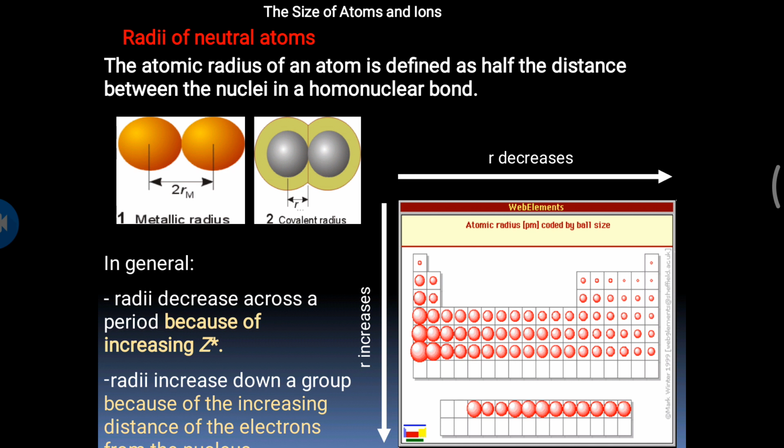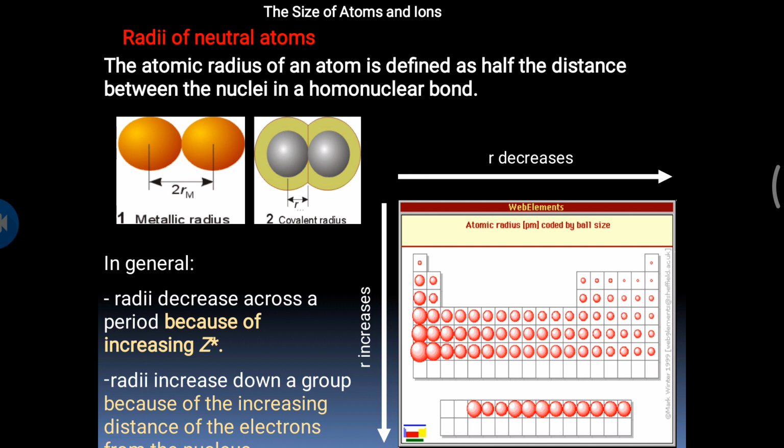Next is the covalent radius, the distance between two atoms. In general, radii decrease across the period because of increasing Z star.